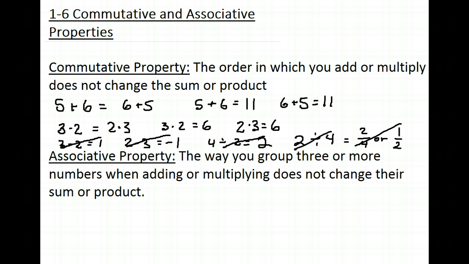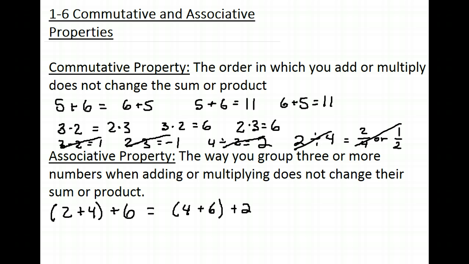So if we have something like open parentheses 2 plus 4 close parentheses plus 6, that is equal to open parentheses 4 plus 6 close parentheses plus 2.